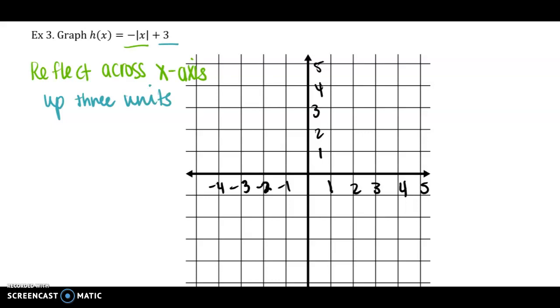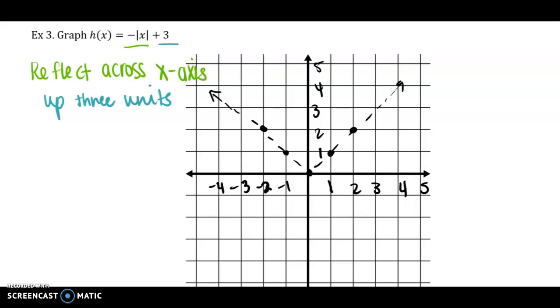Okay, so we're going to again go ahead and start off with the parent function. And then we're going to go ahead and do the transformations. So notice if we reflect across the x-axis, we do get the same image.